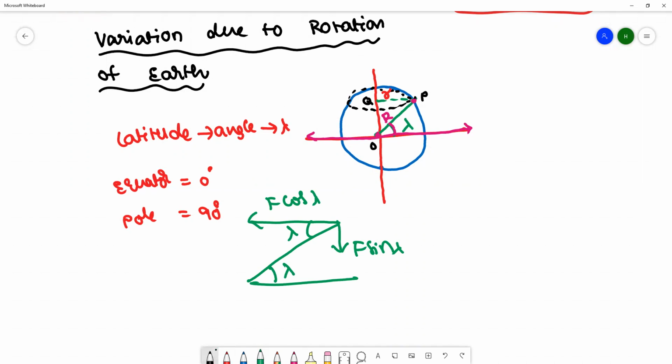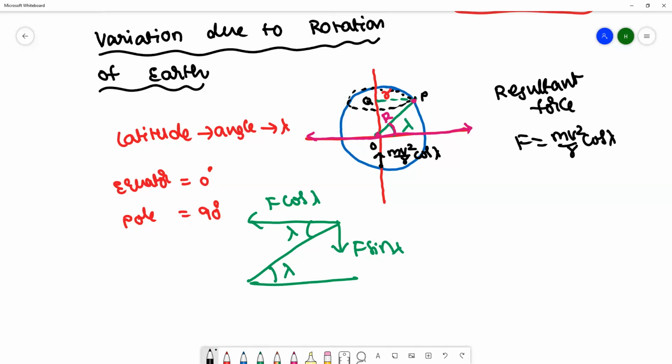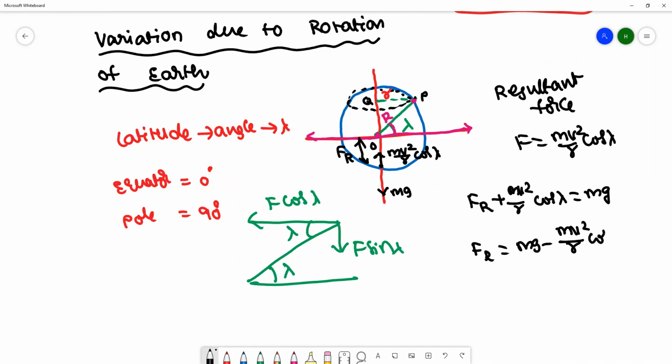The resultant force F is m v square by r cos lambda, acting upward, while mg acts downward. This is F_R. So F_R plus m v square by r cos lambda is equal to mg.